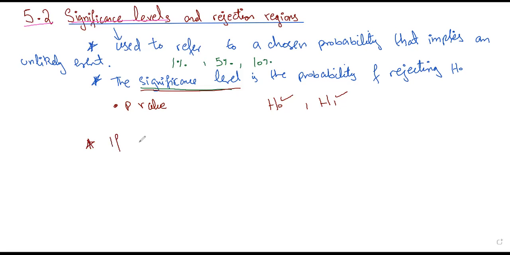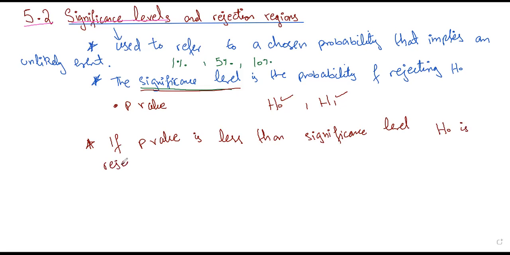If p-value is less than significance level, H naught is rejected.